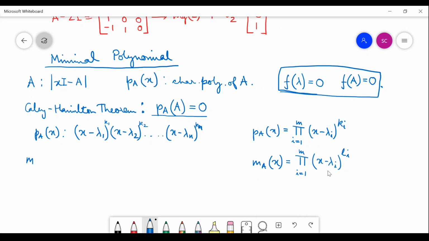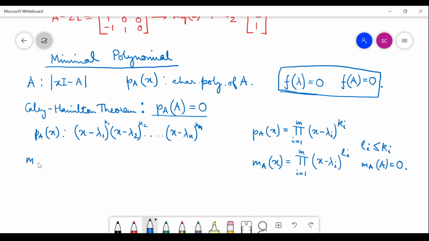All the factors must be present in the minimal polynomial. But their index can be less than or equal to the index k_i, and m_A(A) would be equal to 0. That is the minimal polynomial.